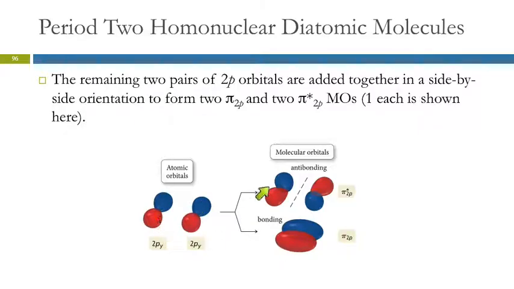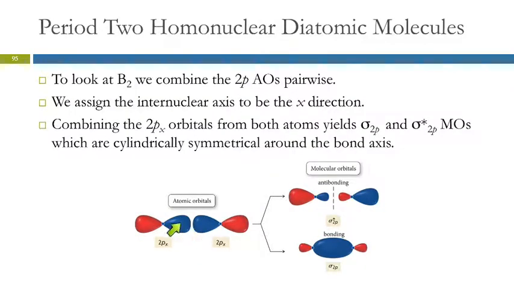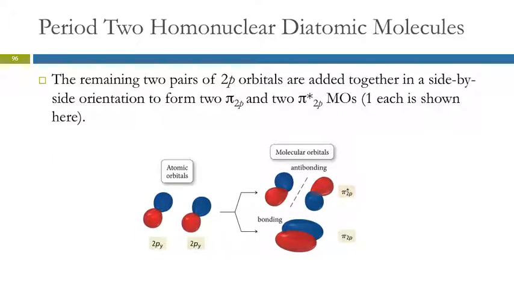And if we add them out of phase, we get something funky that looks like this, again with a node, and that's an antibonding orbital. So this is pi 2p, and this is pi star 2p. This is a lot like the pi bonds we saw in valence bond theory, right? Where there was side-to-side overlap, and the sigma bonds were end-to-end. So in that way, these descriptions mean the same thing.